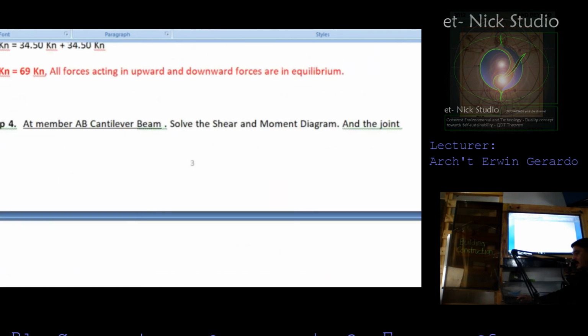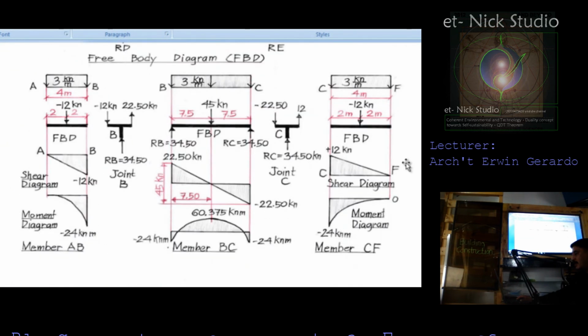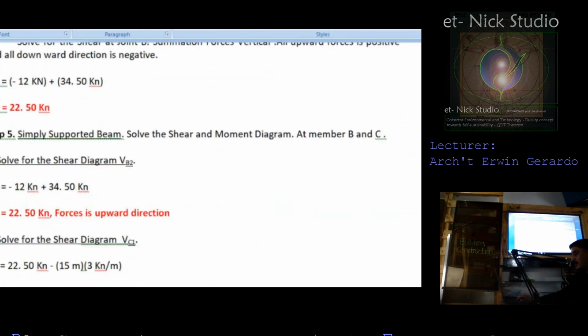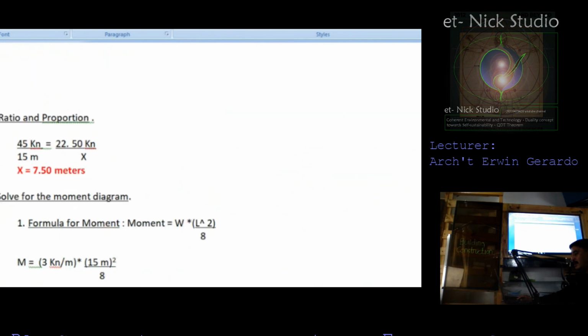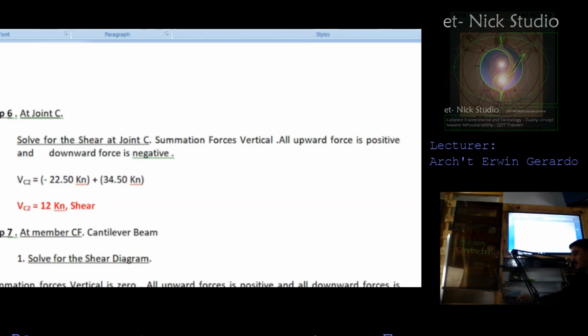That's why if you look at the diagram, this is VF, because this one is positive and this is negative, therefore F is 0. If it is 0, your moment here is also understood to be 0. So this is how important it is to indicate all possible loads even if it is 0.